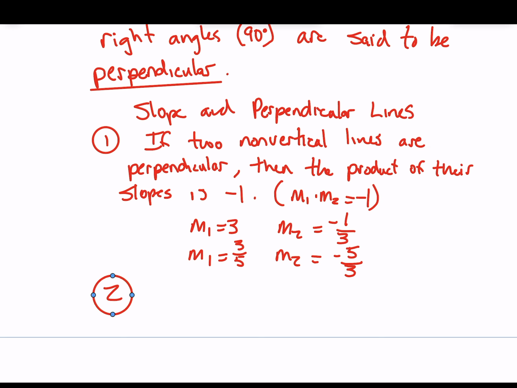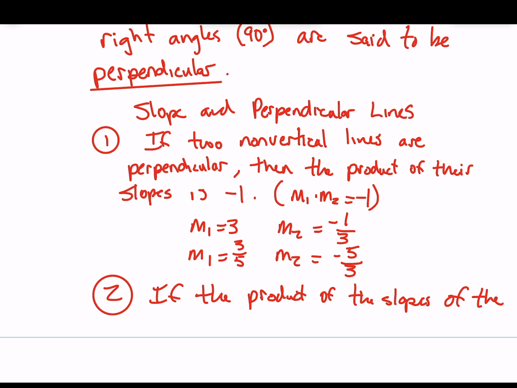Another property we get is if the product of the slopes of the lines is -1, or they have negative reciprocal slopes, the lines are parallel. Sorry, not parallel, perpendicular.